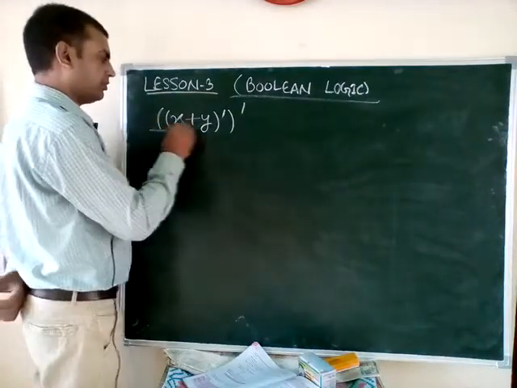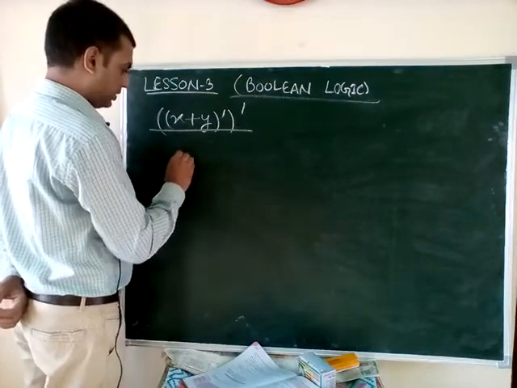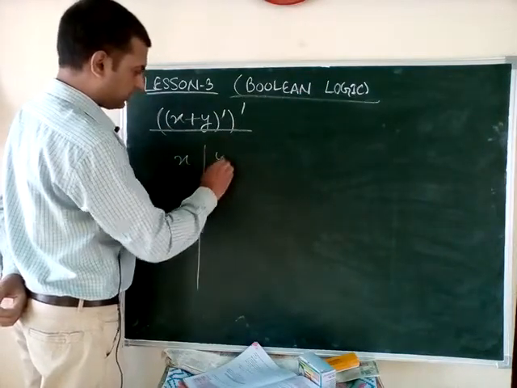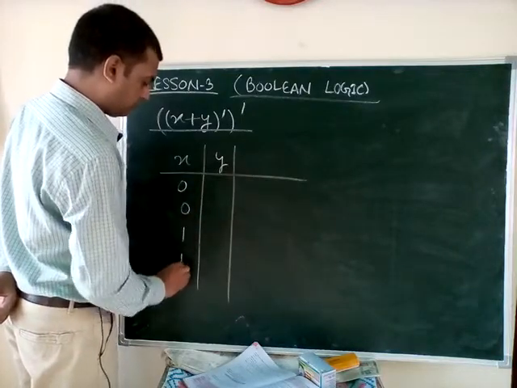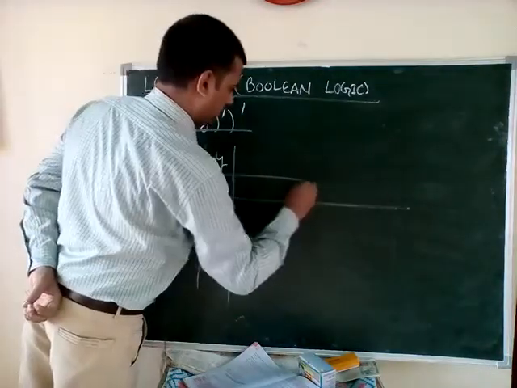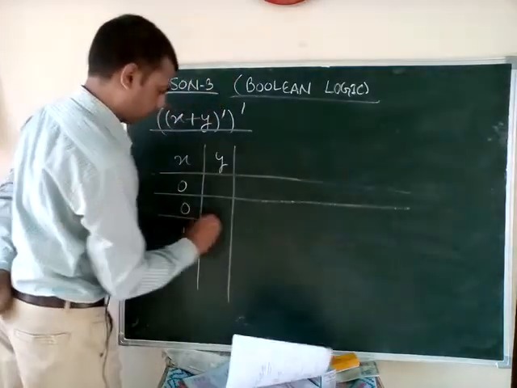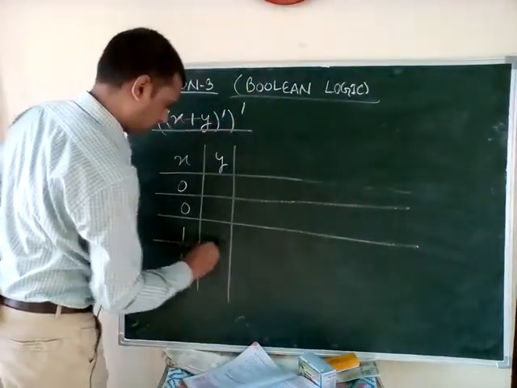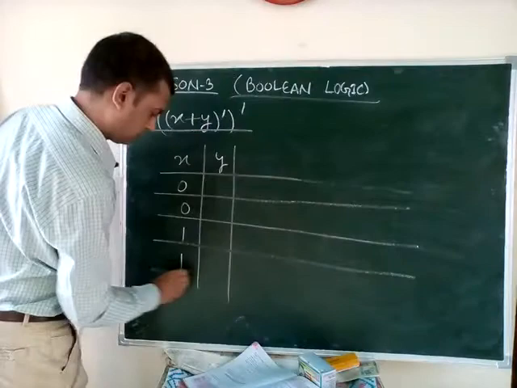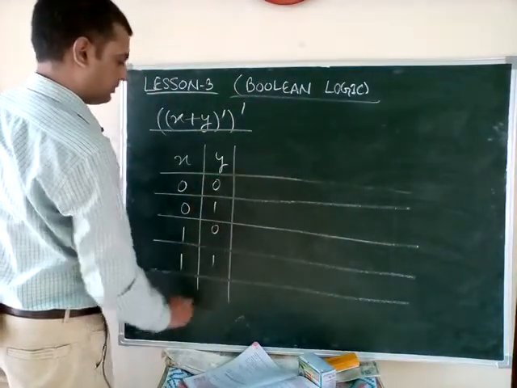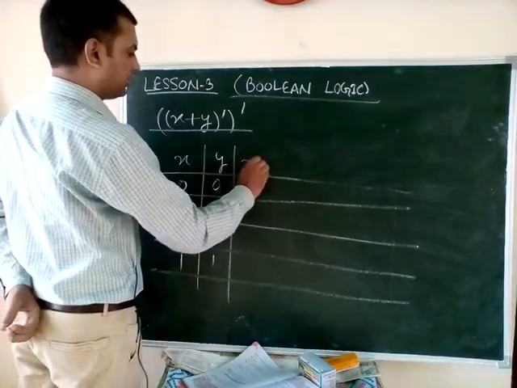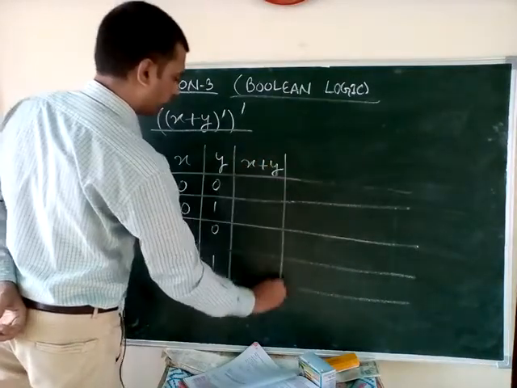This is a two-variable equation. So x and y, 0 0 1 1, 0 1 0 1. Now x plus y we have to find.